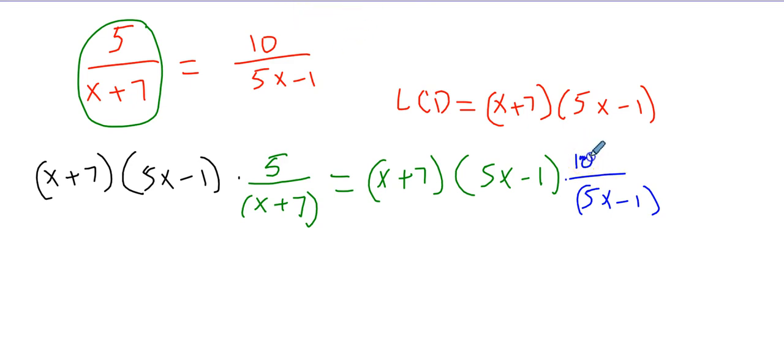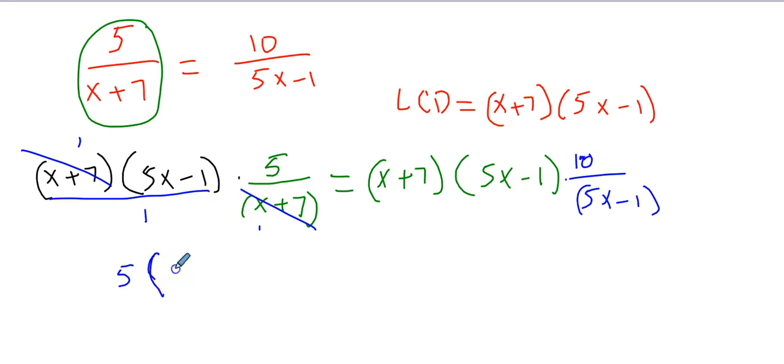Okay, so now what happens to the left hand side? I'm seeing this whole piece is in the numerator, and in the denominator I'm saying x plus 7. So the numerator has x plus 7, the denominator is x plus 7, cancelled one time, leaving behind 5 times 5x minus 1. You can even write it as 5x minus 1 times 5, just the same thing.